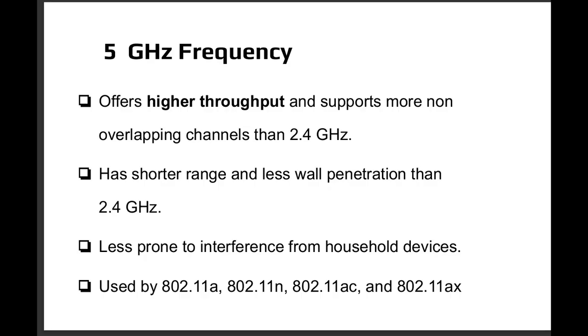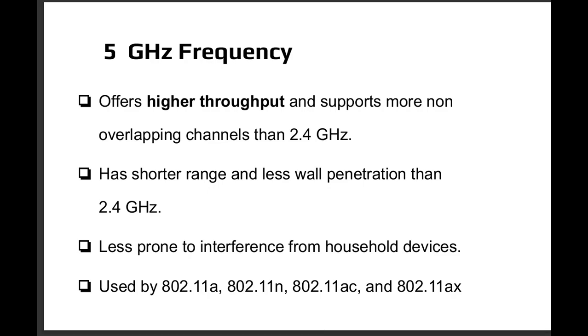And we can use a process called bonding, where we can combine the aggregate bandwidth available in connecting or adjacent channels to allow for a faster single connection. Your 5 gigahertz frequency is used in your A, N, AC, and AX standards.